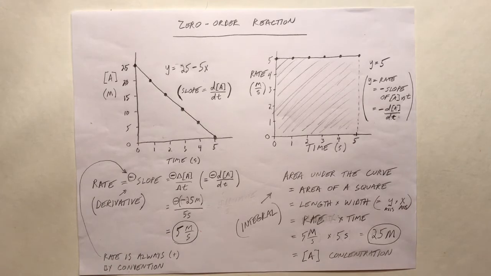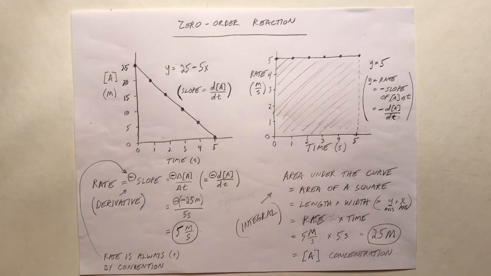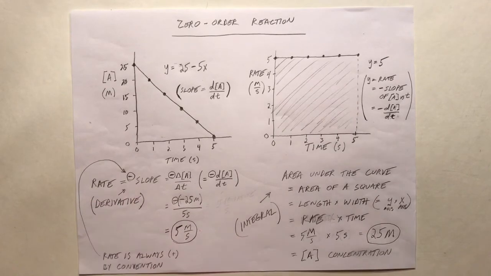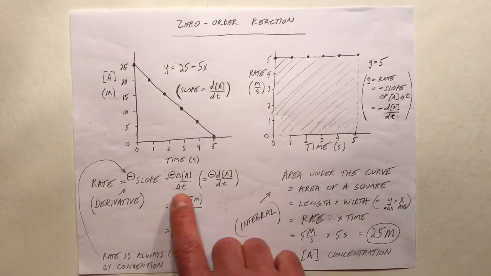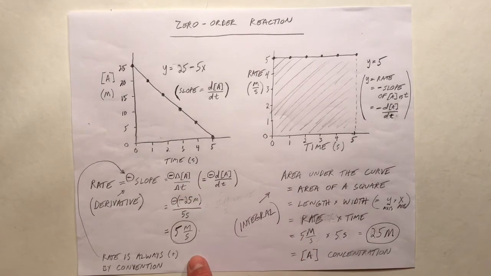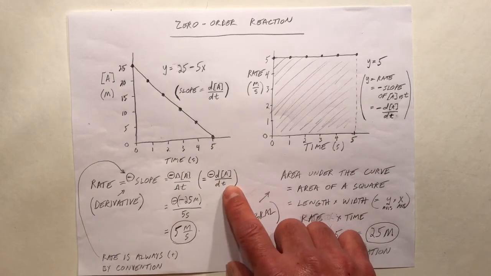And we would say that the slope of this graph, or rather the negative of the slope of the graph, is equal to the rate of the reaction, or the rate of change of the y value, I guess, in general. So we could say it's negative delta concentration of A divided by delta T, or negative derivative of concentration divided by time.